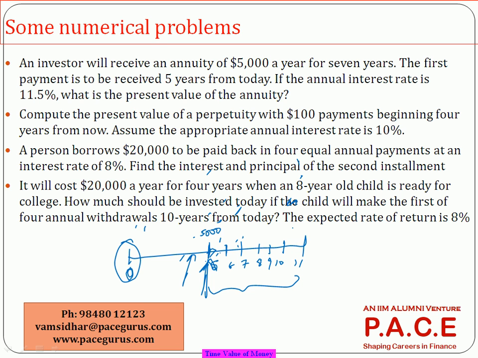The first payment is to be received 5 years from today. 5 years from today. It is end of the 5th year itself, right? 1 year from today is after 1 year. 2 years from today is after 2 years.